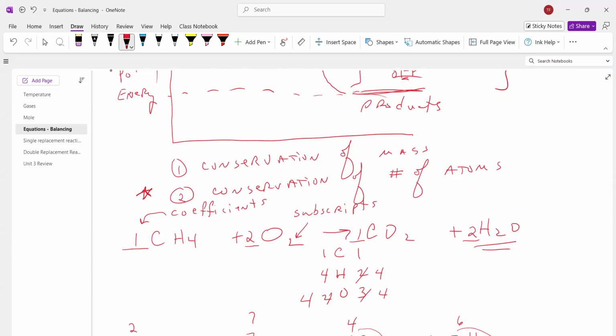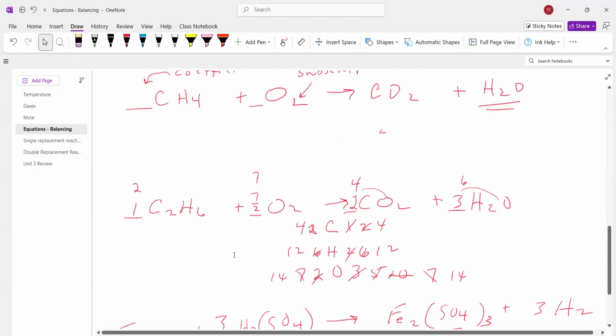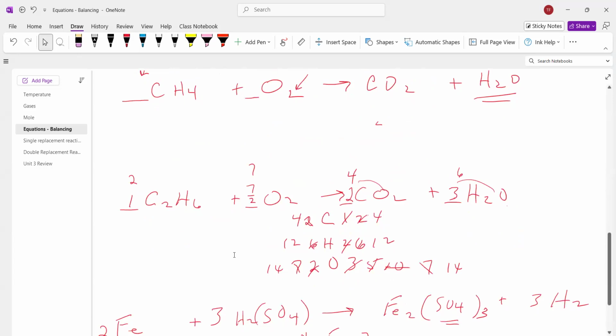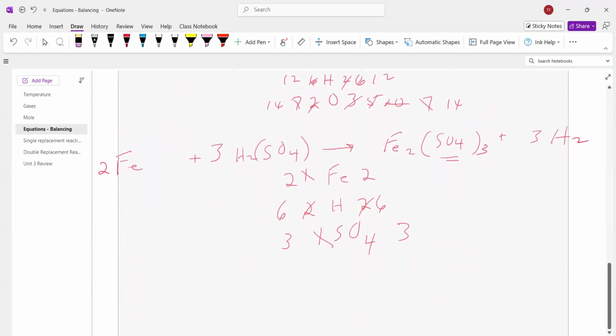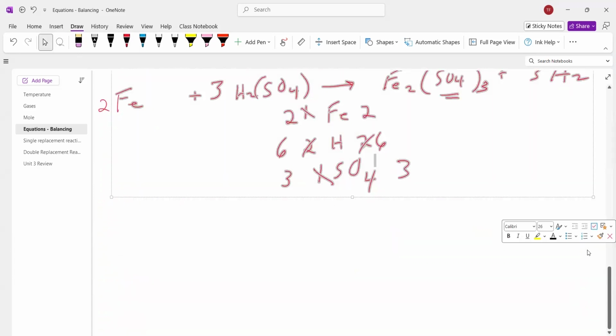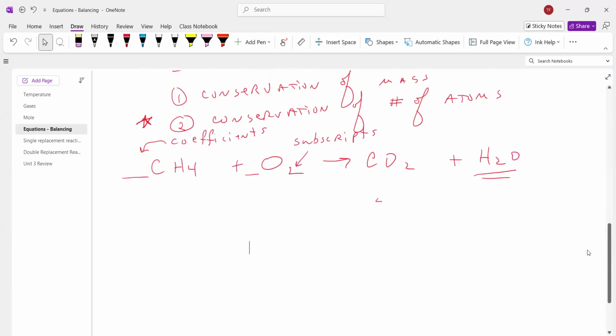So basically, if we look at a chemical reaction, let's look at this reaction here.